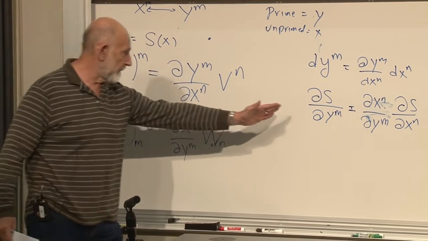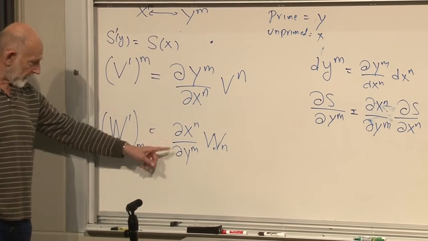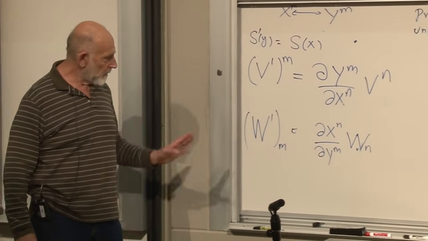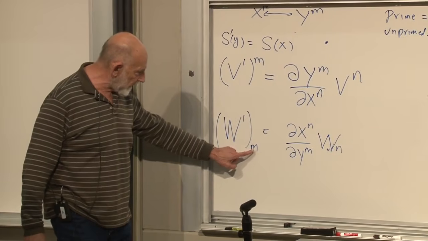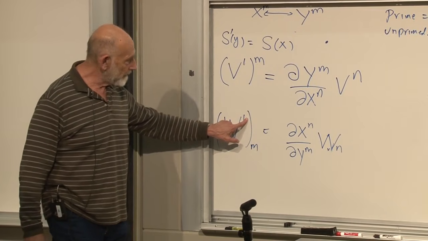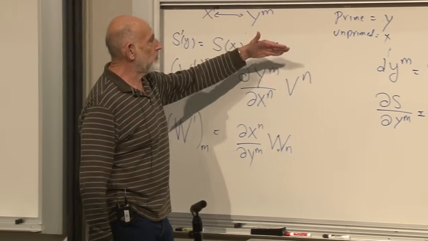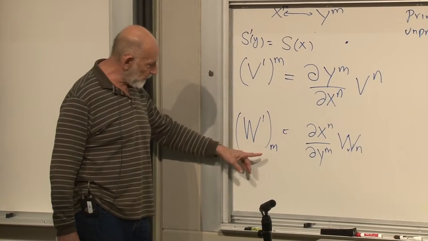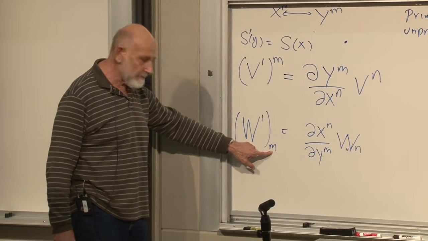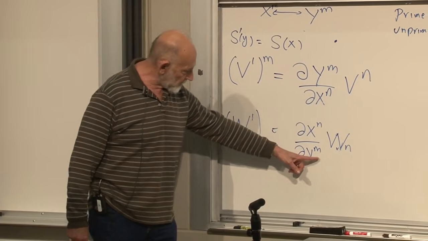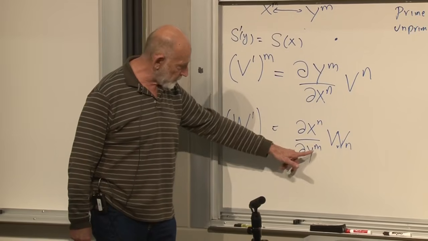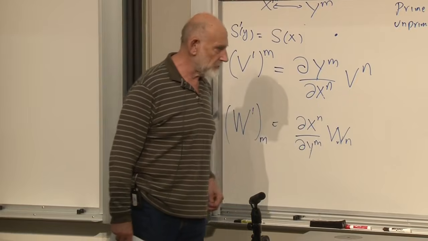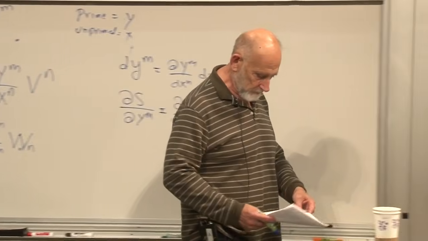Same pattern as over here. Again, dx by dy, and so forth. All right. When you look at this and you say, ooh, there's a lower index here of type y. Why? Because prime means y. All right? So prime is associated with y. There's a lower index here, m, which is of the y type. And so there's got to be a lower index below the fraction bar of type m on this side. And the equation balances, and you get a feel for these things after a while.